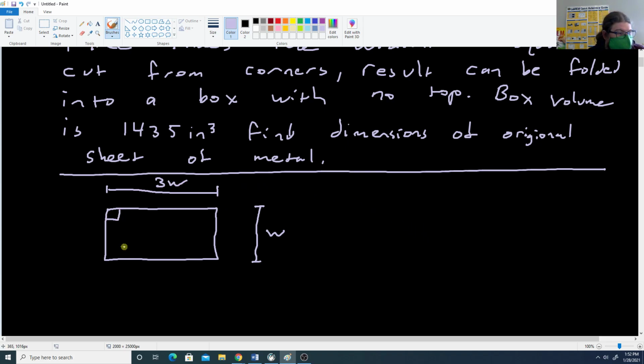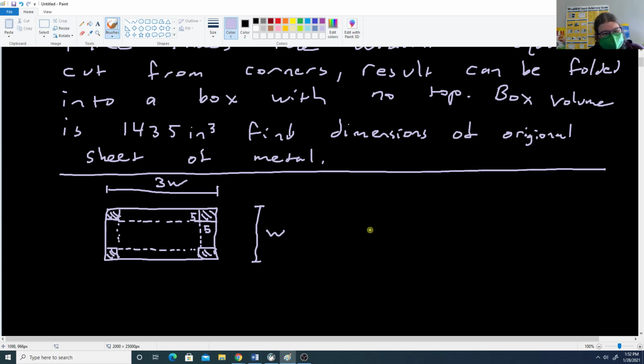Next, little 5-inch squares are going to be cut from this sheet. These are little 5 by 5-inch squares. And if we fold the remaining flaps up along these dotted lines, then we can get a box with no top.